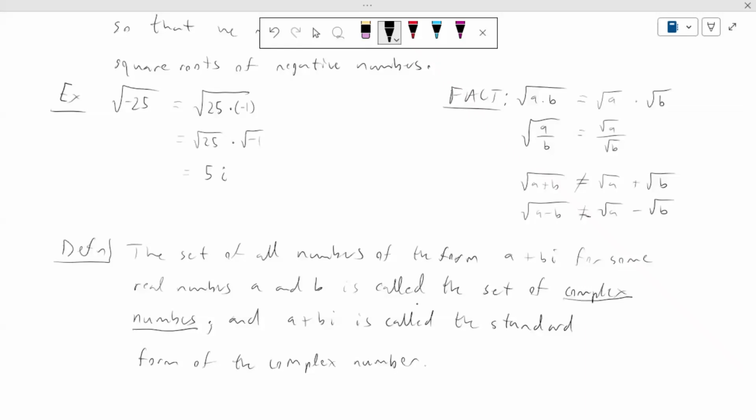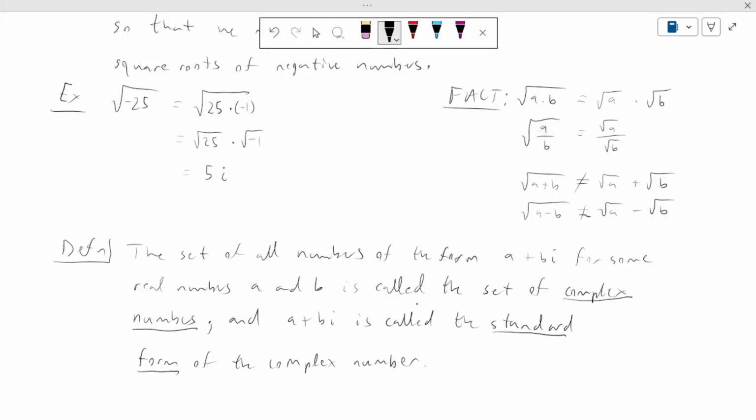The reason that I'm making that distinction, that it's called the standard form of the complex number, is because we can express complex numbers in other forms as well. Like there's a really nice form called polar form, which we use in trigonometry quite a bit. So we could express it that way. But standard form is what we're going to be talking about in this class. Okay, so a plus bi.